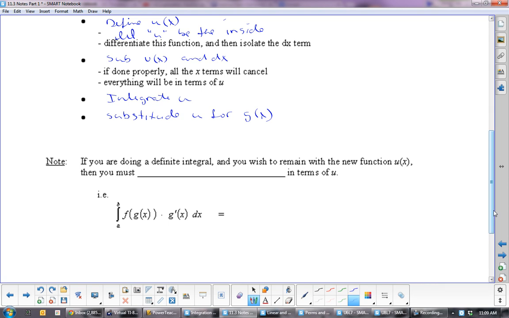If you're doing a definite integral, which we'll work on tomorrow, we're just doing indefinites today, and you wish to remain with the new function, then you must change the limits of the integral.